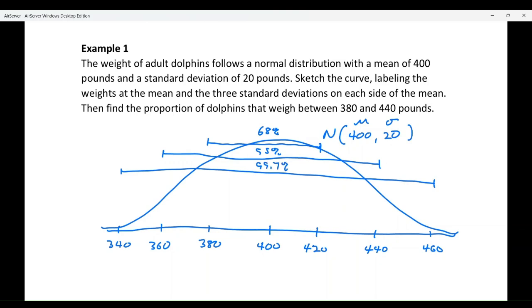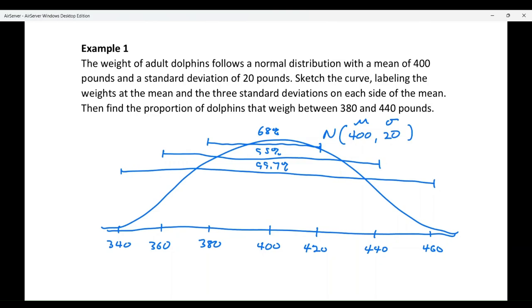So we would expect that about 68% of adult dolphins weigh between 380 and 420 pounds. We'd expect 95% of adult dolphins to weigh between 360 and 440 pounds, and 99.7%, or almost all dolphins, to be between 340 and 460 pounds.